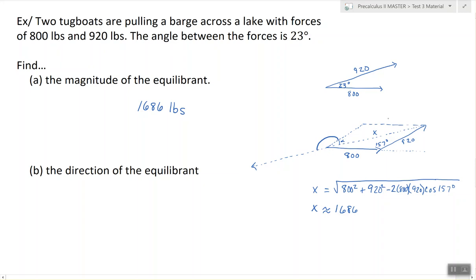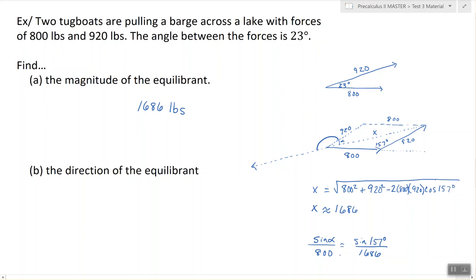The way the parallelogram is set up, that makes this an 800, makes this a 920, so we can find alpha fairly easily. We'll say that the sine of alpha over 800 is equal to the sine of 157 degrees over the 1,686 that we just had.